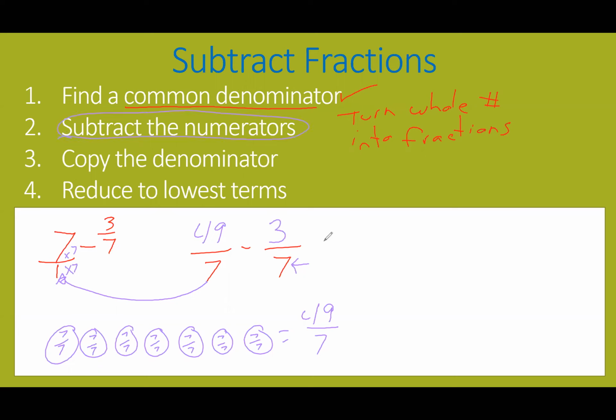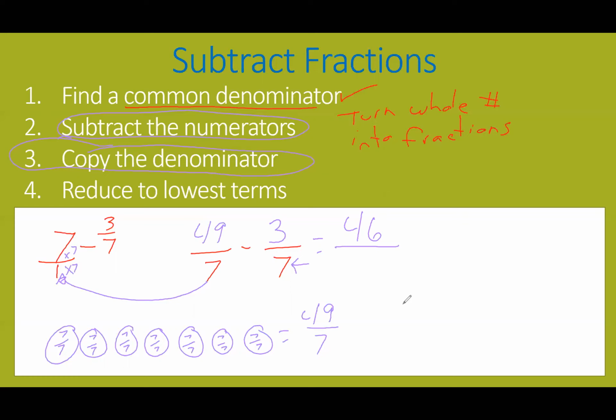Now, step 2, subtract the numerators. 49 minus 3. Well, I know that 9 minus 3 is 6, so 49 minus 3 would be 46. And do I subtract 7 from 7? Let me look at my step 3. No, I don't subtract those.